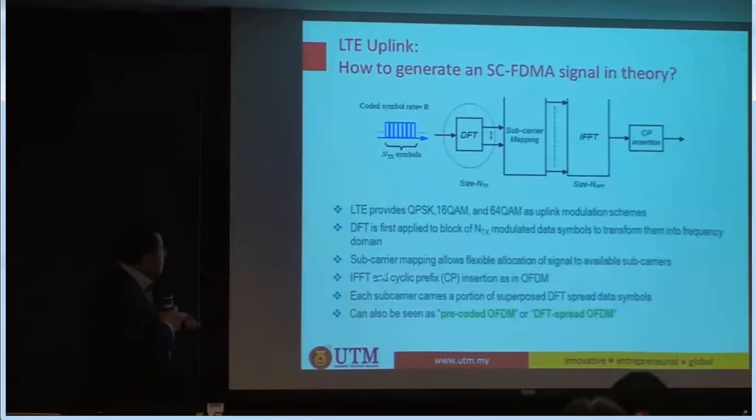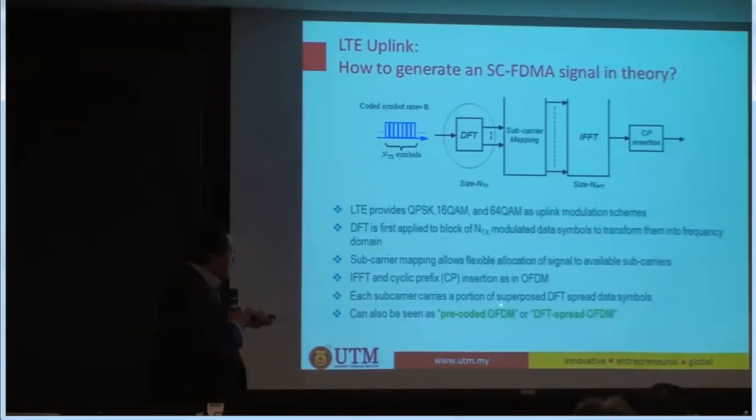They still have the IFFT, and they still have the cyclic prefix insertion to overcome intersymbol interference. Each sub-carrier carries only a portion of the symbols. That's why sometimes we call this pre-coded OFDM: before you transmit, you do pre-coding to spread out the symbols into different sub-carriers.